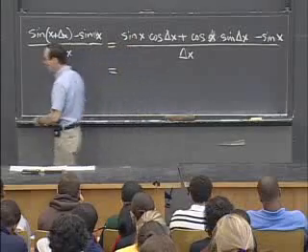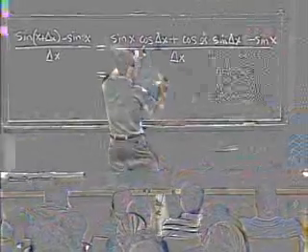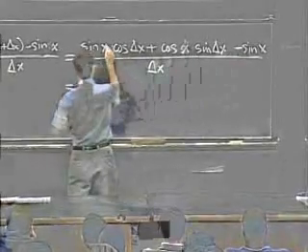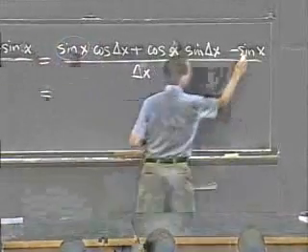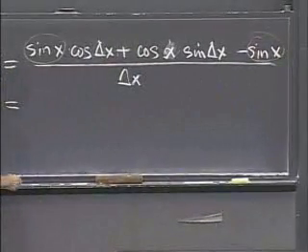So I claim that the right thing to do here is to notice, and I'll just point out this one thing, that when delta x goes to 0, this cosine of 0 is 1. So it doesn't cancel unless we throw in this extra sine term here. So I'm going to use this common factor and combine those terms. This is really the only thing that you're going to have to check in this particular calculation.